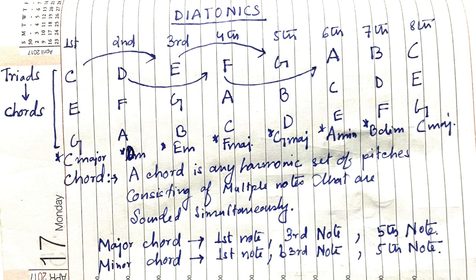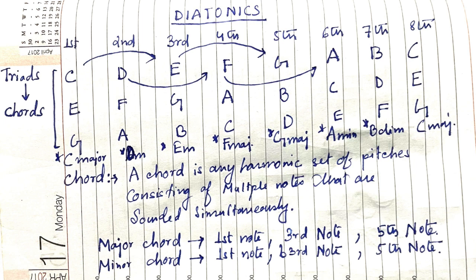If you play these C, E, G that we have derived from the C major scale simultaneously, then this becomes a C major chord.